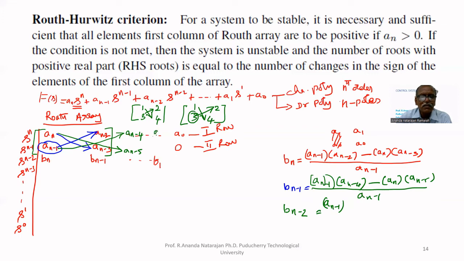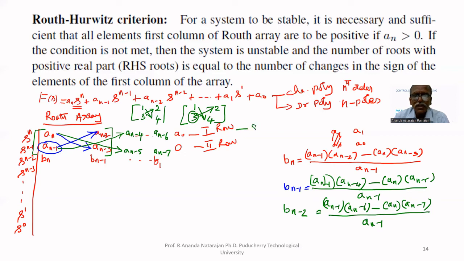The next elements are a n minus 6 and a n minus 7: a n minus 1 multiplied by a n minus 6, minus a n multiplied by a n minus 7, whole divided by a n minus 1, etc. Suppose in the first row 8 elements are there, then in the third row you will get only 7 elements. If 7 elements are there, you will get 6 elements, like that. One short of the first row you will get.